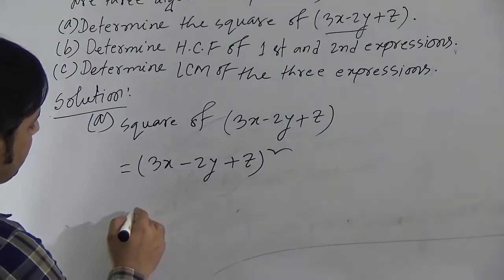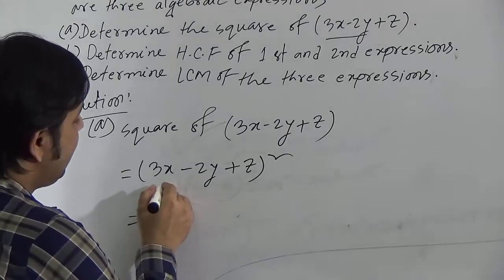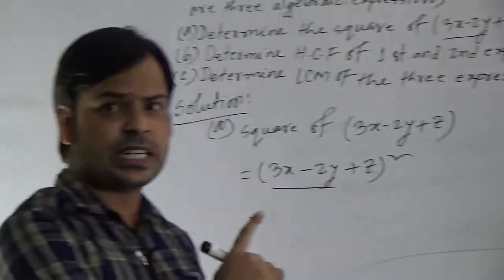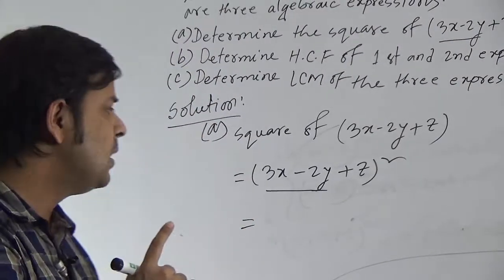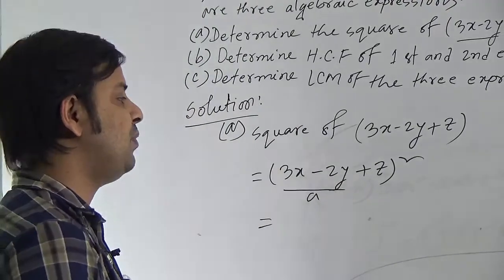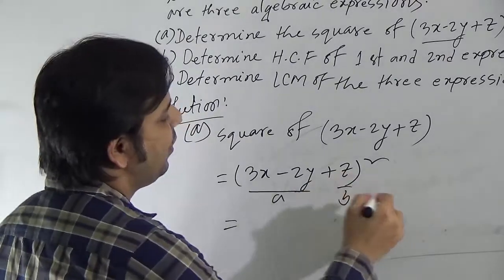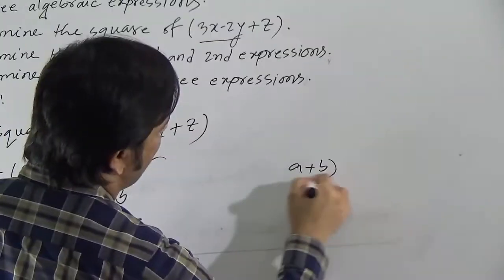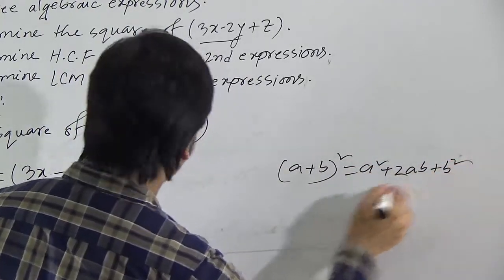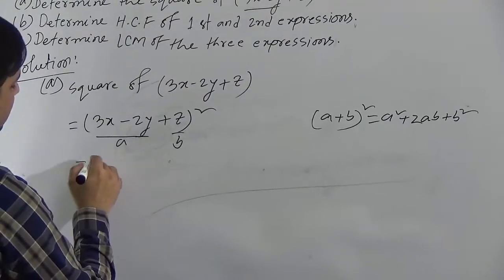Now, dear students, when you see three terms given in an expression and you have to do the square, then always consider the first two terms as the first term a and consider the third term as b. We know the formula a plus b whole square equal to a square plus 2ab plus b square, as here is plus in the middle. So we can use this formula here.